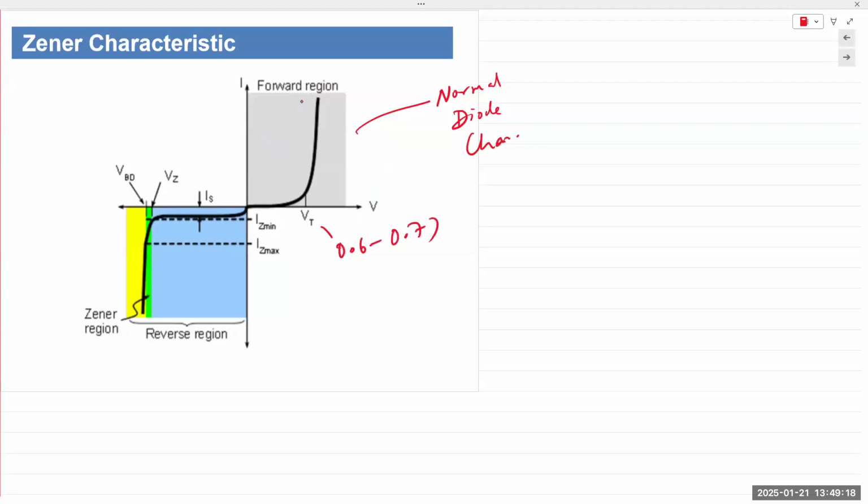In the reverse bias, the diode is off. There is almost no current flowing through the diode, except for a small reverse saturation current, which flows due to the minority carriers that are present in the diode. The minority carriers cross over the junction because of the applied reverse bias.